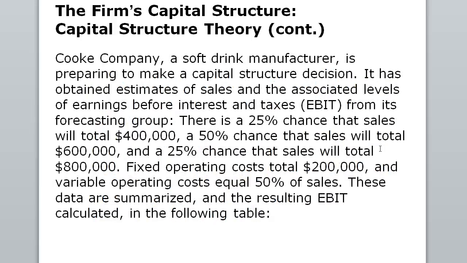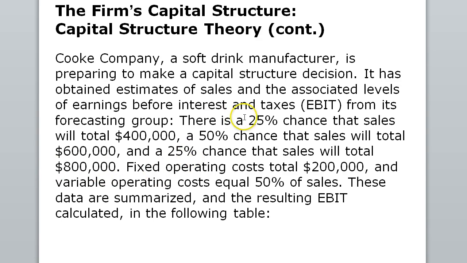Now, if we look at this example, a software manufacturer is making a capital budgeting decision. They obtain estimates of sales associated with levels of earnings before interest and tax from their forecasting group. There's a 25% chance that sales will total 400,000, a 50% chance sales will be 600,000, and a 25% chance that sales will be 800,000.